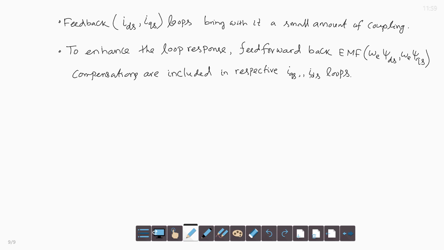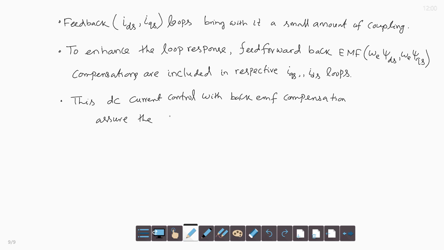So, this DC current control with back EMF compensation assures the command current tracking over a wide speed range and even in overmodulation.